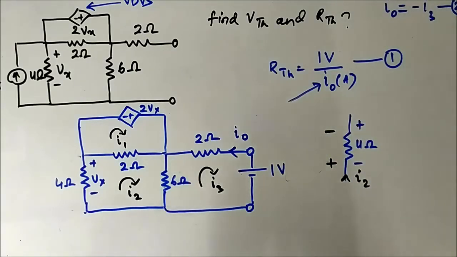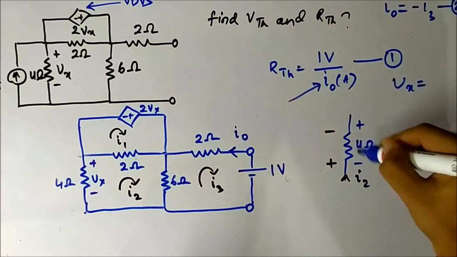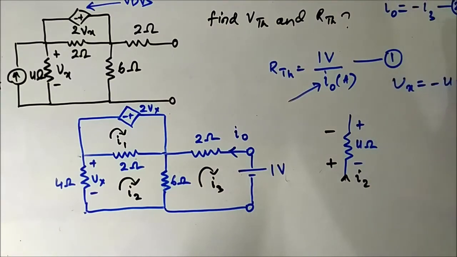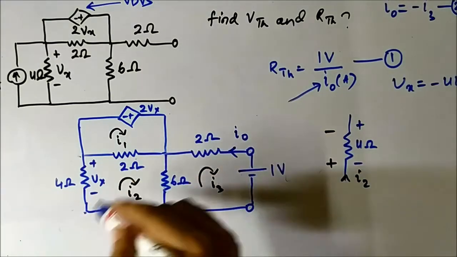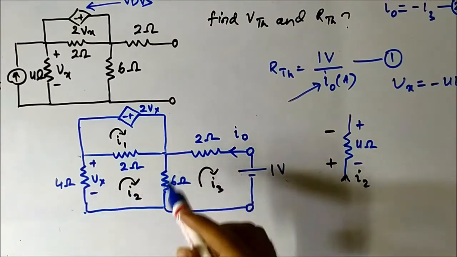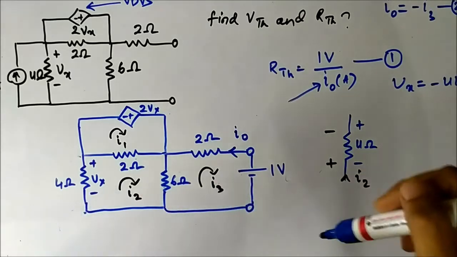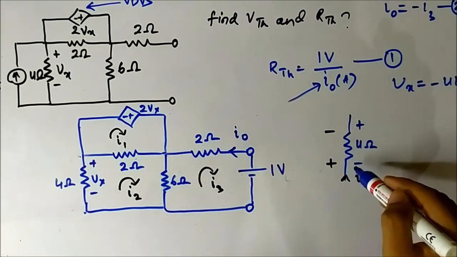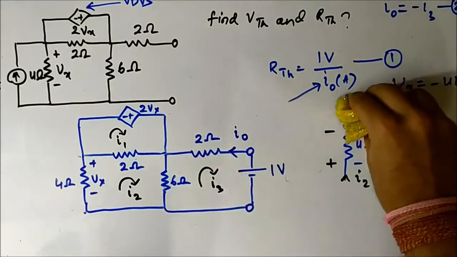So Vx is equal to minus 4I2. Why minus? Because the polarity which is being asked in the question and the current which is flowing through the resistor as per our sign convention which we have taken in the clockwise direction, it is opposite. So the polarities are opposite, that's why it is minus 4I2. This is the third equation. So these relationships will help us to solve the question.